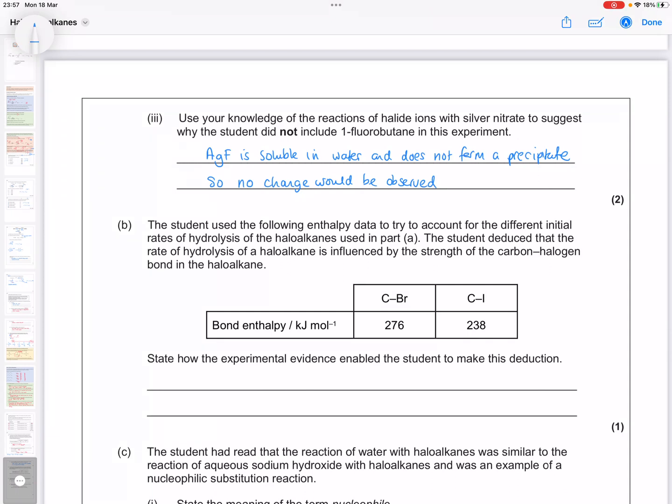The student used the following enthalpy data to try to account for the different initial rates of hydrolysis of the halogenoalkanes. The student deduced that the rate of hydrolysis is influenced by the strength of the carbon-halogen bond. Suggest how the experimental evidence enabled the student to make this deduction.